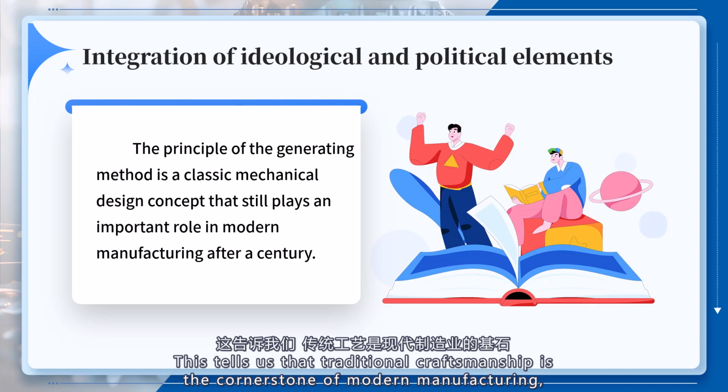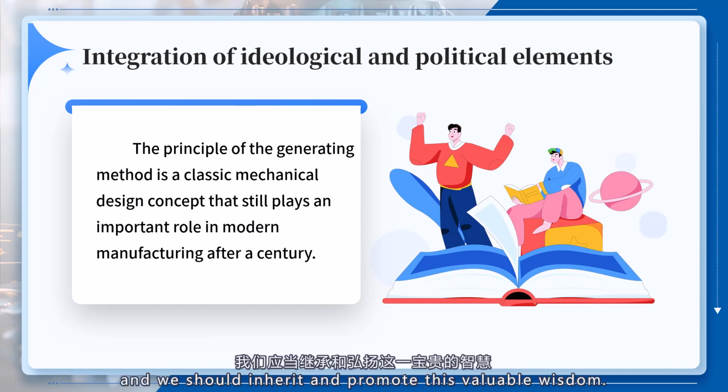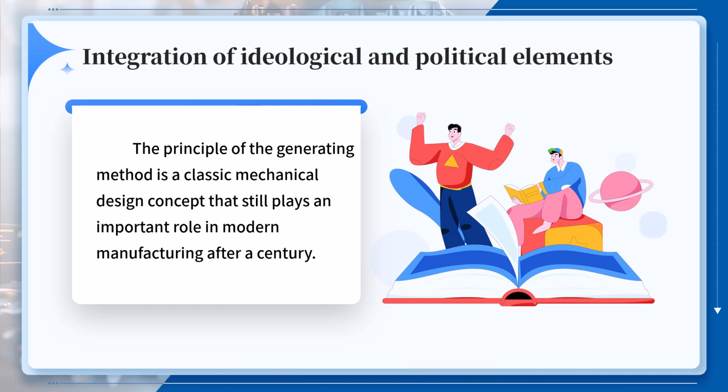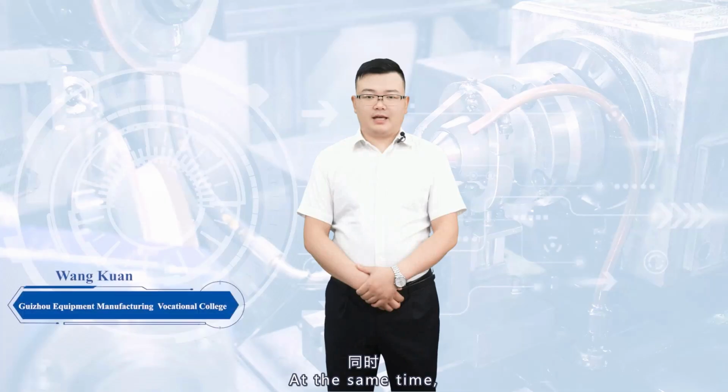This tells us that traditional craftsmanship is the cornerstone of modern manufacturing, and we should inherit and promote this valuable wisdom. At the same time, with continuous technological advancements, we must also keep innovating.